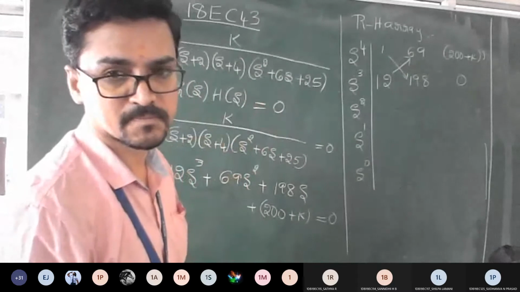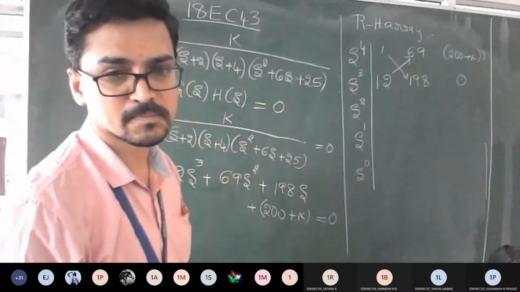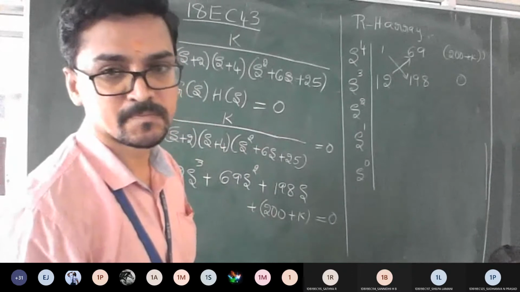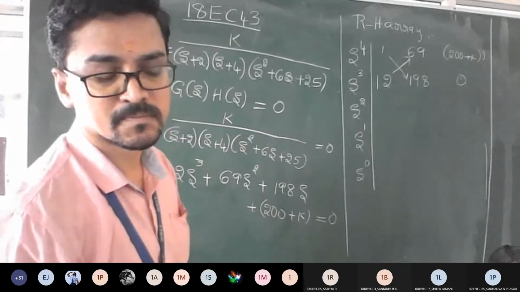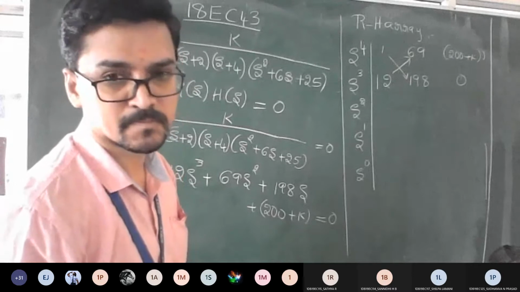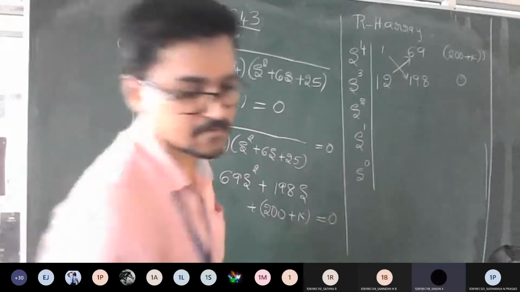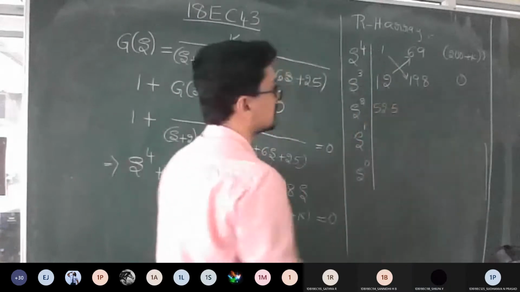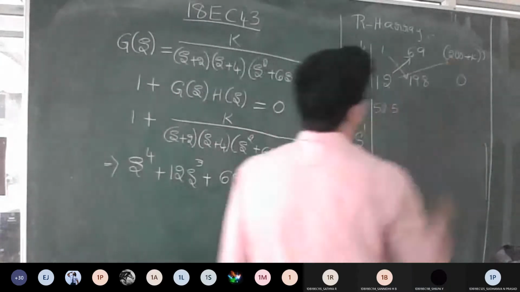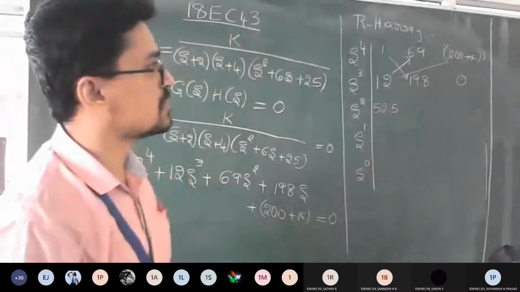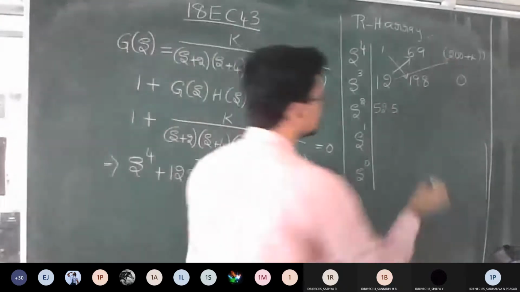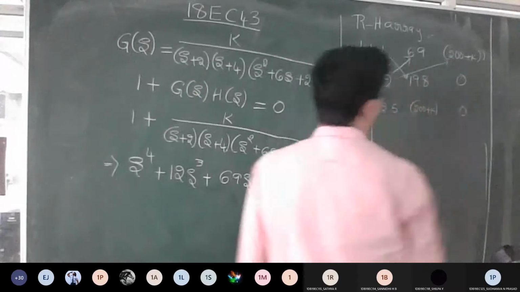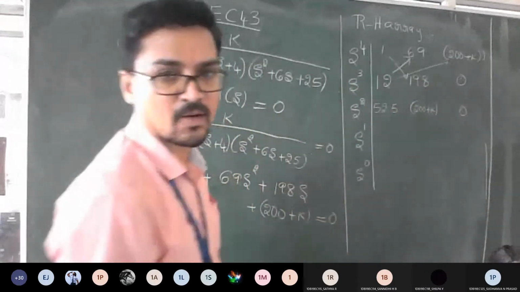How much? 52.5, good. Next, 12 into 200 plus k minus 0 divided by 12. So is it 200 plus k only? Yes, sir. Good. So we got the answer. The remaining is going to be 0 only.